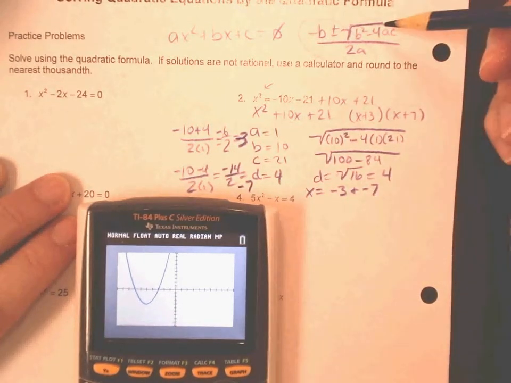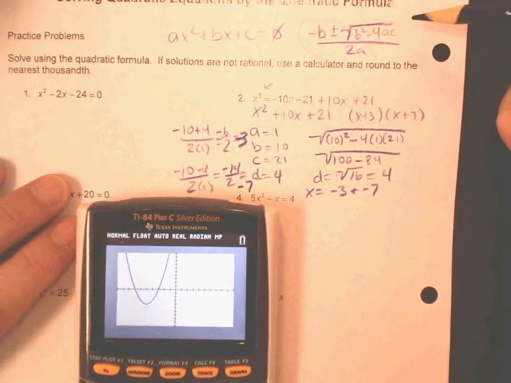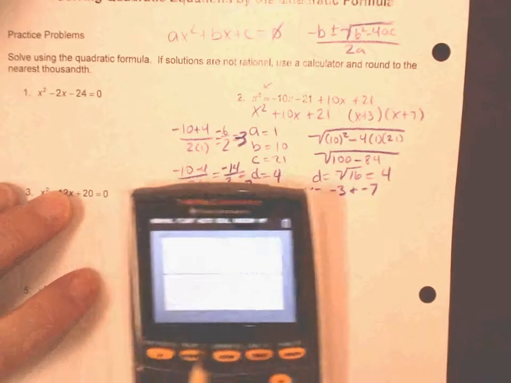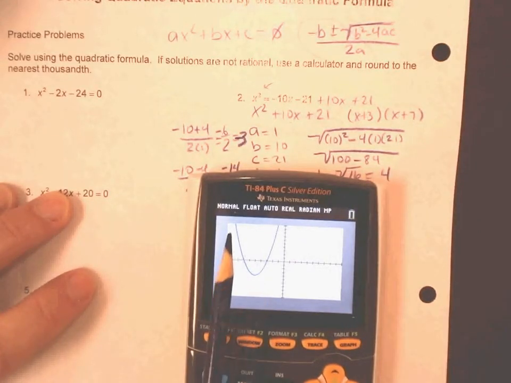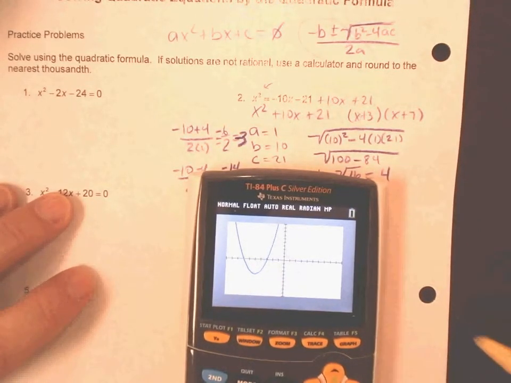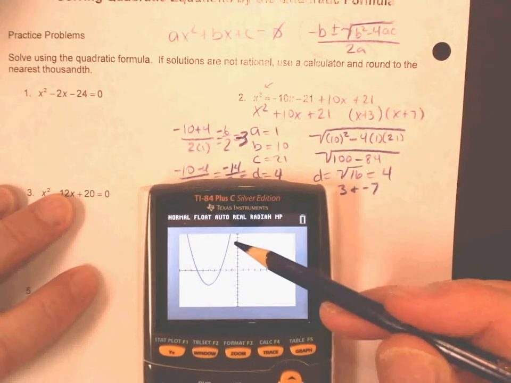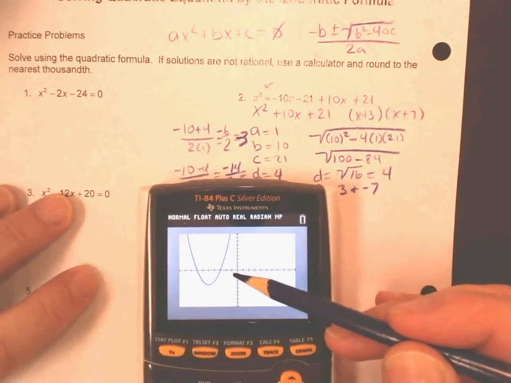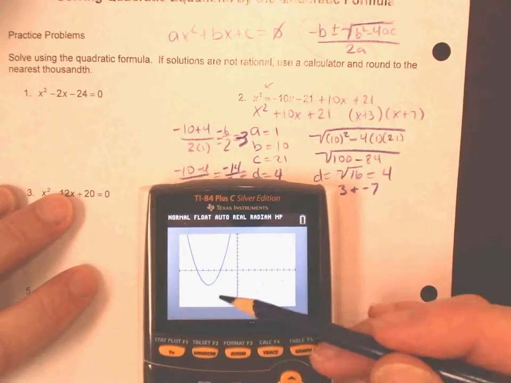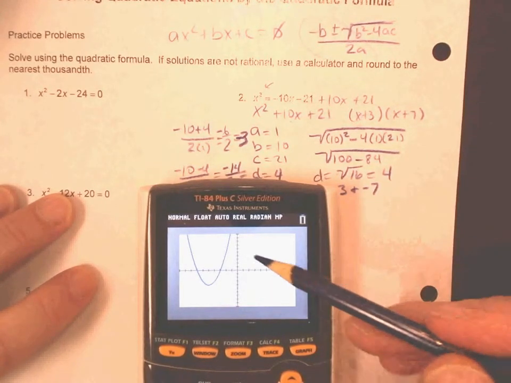Whenever we're dealing with quadratic equations, they have 3 possibilities. Either it has 2 solutions, as in the case of this where it dips down below the x-axis and returns back up. It could be one solution, where it would dip down just to the x-axis and then turn back up, or it could dip up to the x-axis and turn back down.